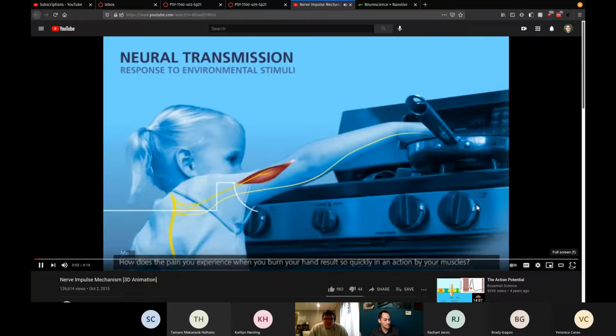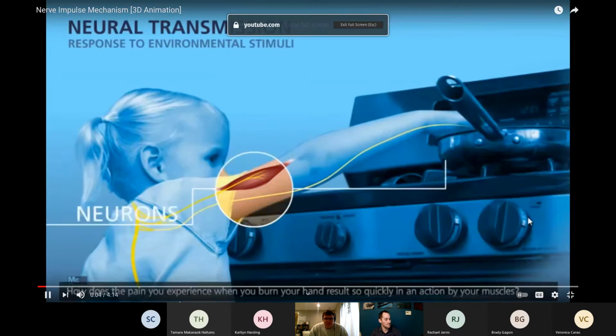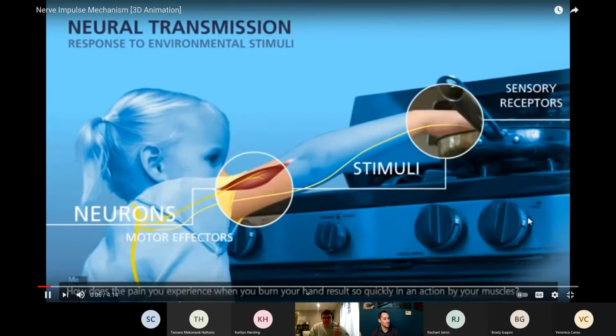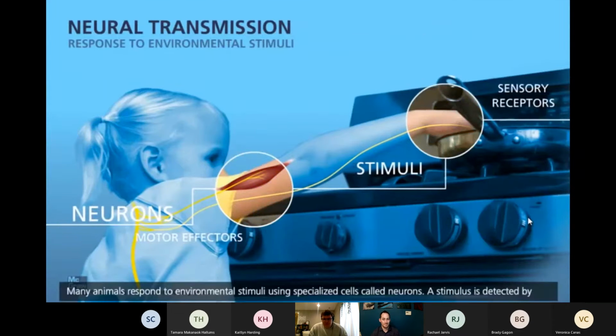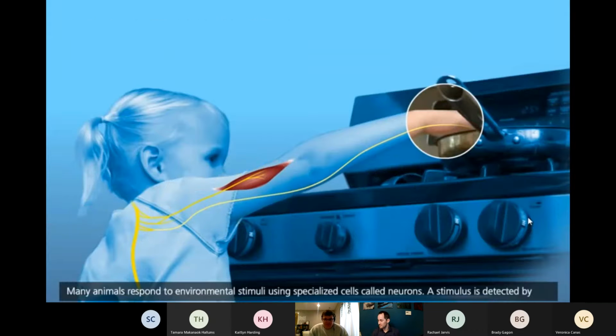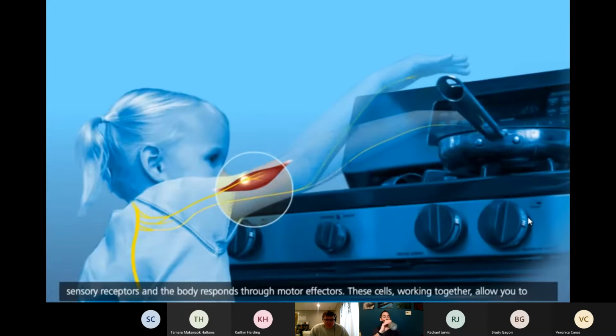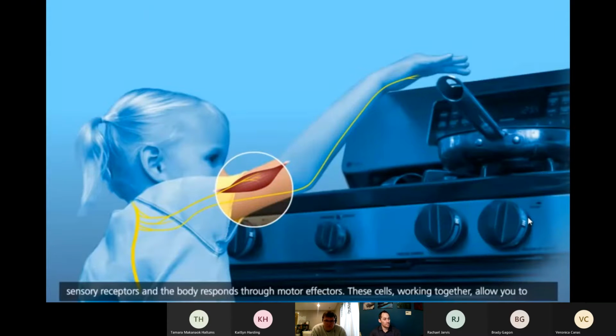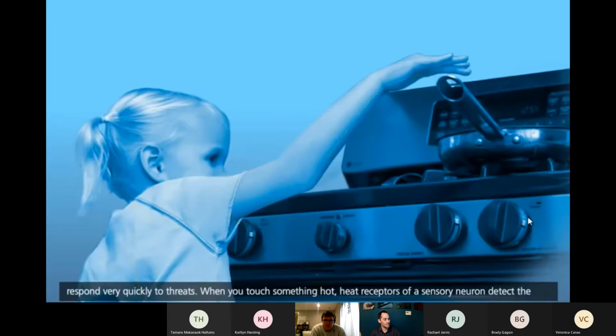Pain you experience when you burn your hand results so quickly in an action by your muscles. Many animals respond to environmental stimuli using specialized cells called neurons. A stimulus is detected by sensory receptors, and the body responds through motor effectors. These cells working together allow you to respond very quickly to threats.